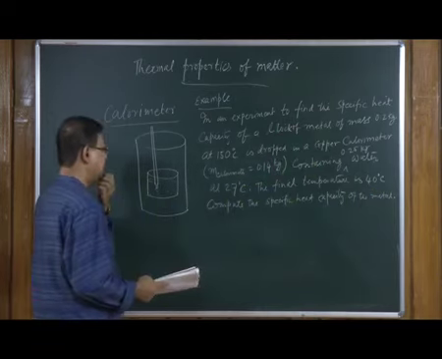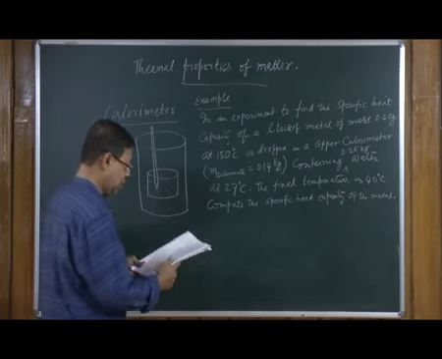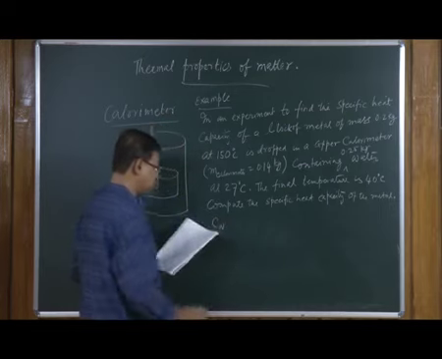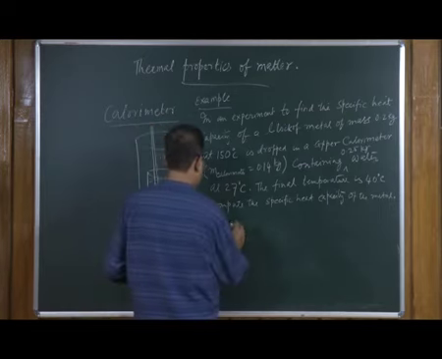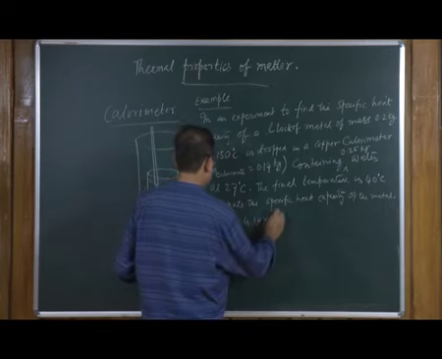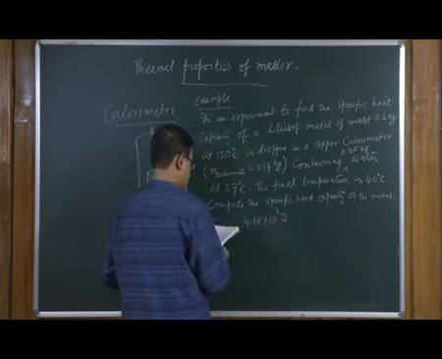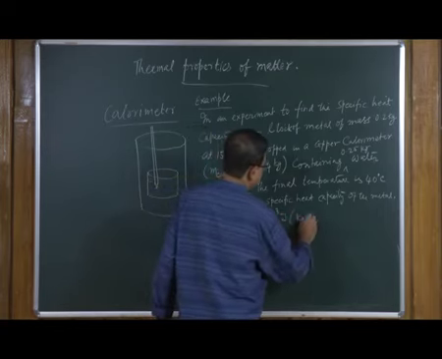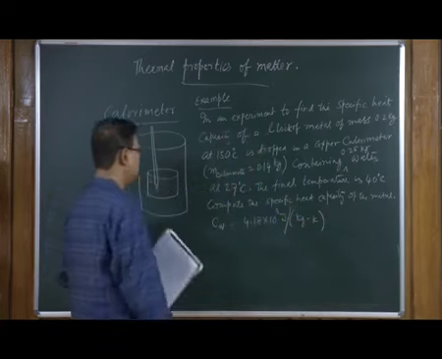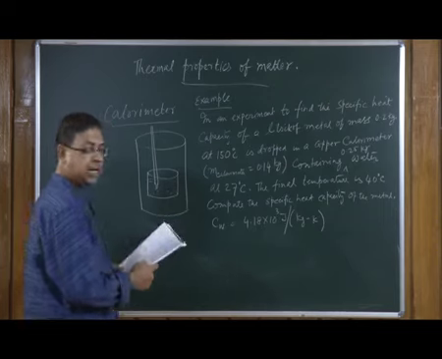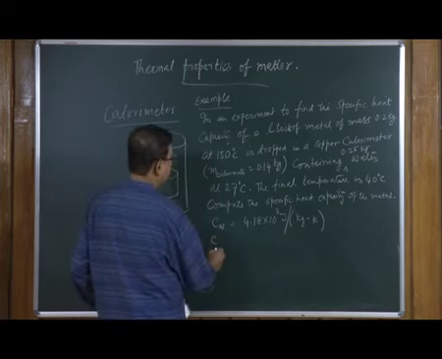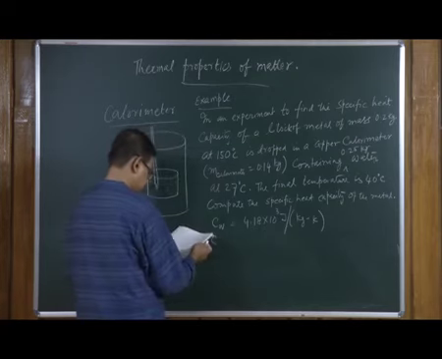It is given, and I will use a shorthand notation now, the specific heat capacity of water, we will call it Cw, is equal to 4.18 into 10 cube joule per kg Kelvin, and the copper calorimeter has a specific heat capacity, I will call that as Cc.